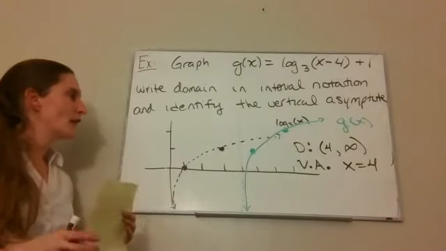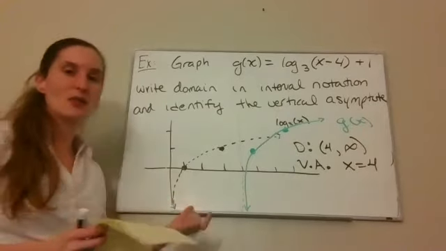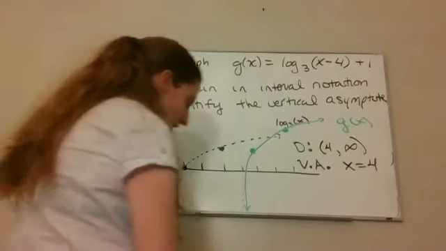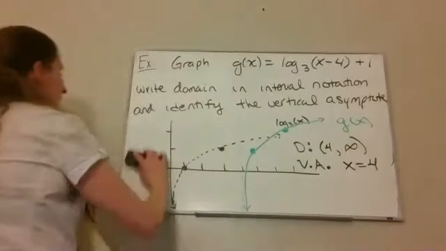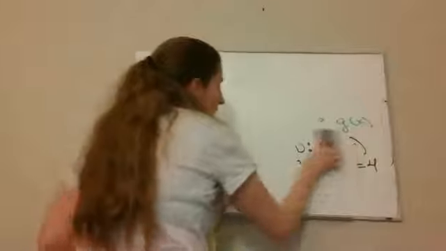So one thing that's very, very important, you notice my domain changed when I had a different input from my logarithm. The input of your logarithm has to always be positive. It's only defined for positive values.